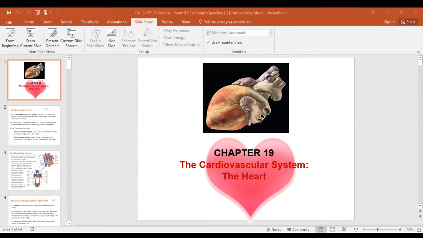And so if we look at this diagram, look at the wall of the heart. This hollow part in here is where the blood would be. But this thick part would be the muscle, enlarged here.